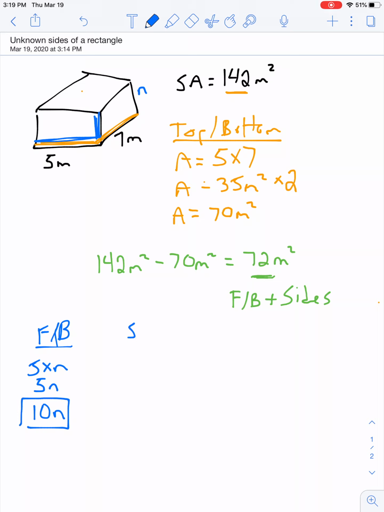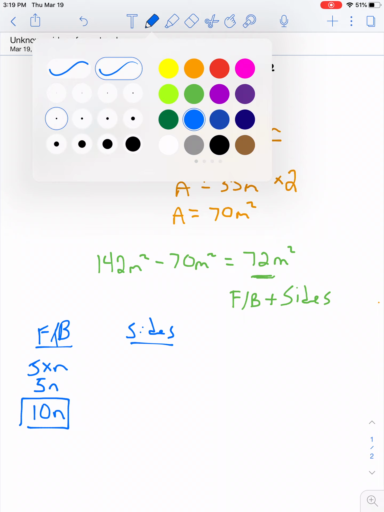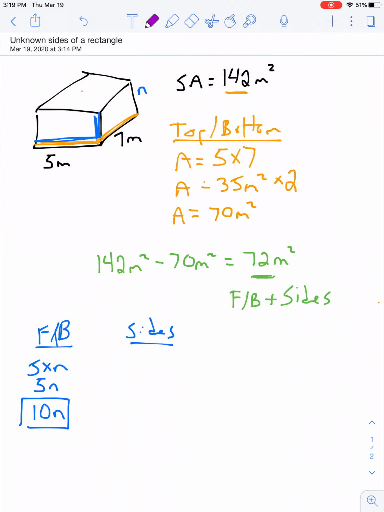My sides, I'm going to do the exact same way. I'll change my color here. My sides are going to be 7 by n. So I know the area is again a rectangle, so I'm going to go 7 times n, or 7 times n is 7n.